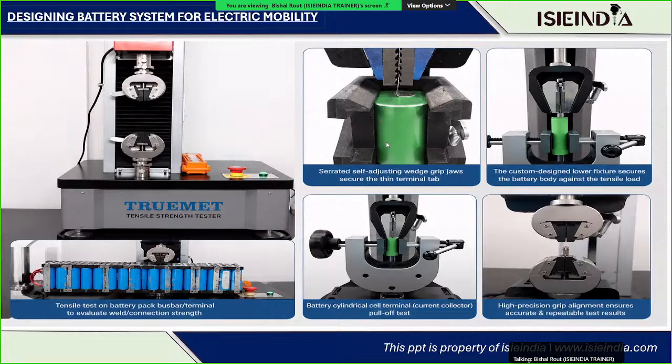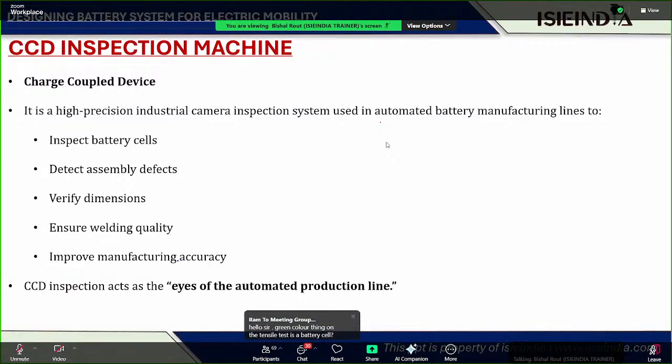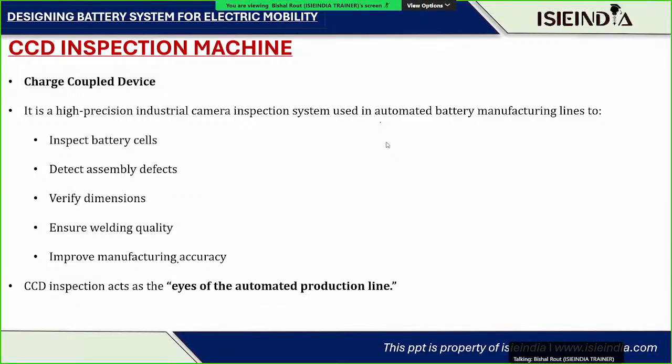Since EV batteries operate on high voltage and high current, even a very small manufacturing defect can later become a serious safety issue. That is the main purpose of this CCD inspection device: to improve manufacturing accuracy and reduce human error, so that zero defect production can happen. In automated battery assembly lines, CCD systems are integrated directly with the robotic welding stations, conveyor systems, and the PLC controller, right?